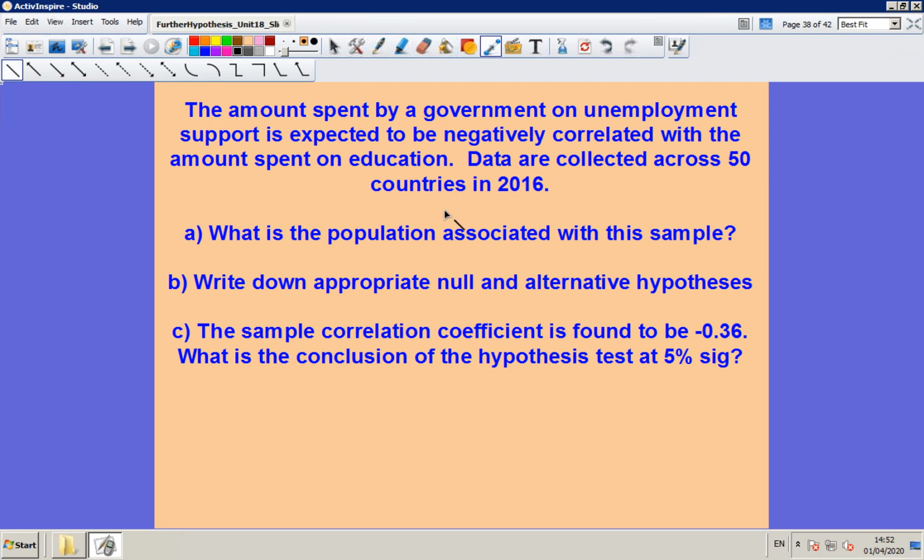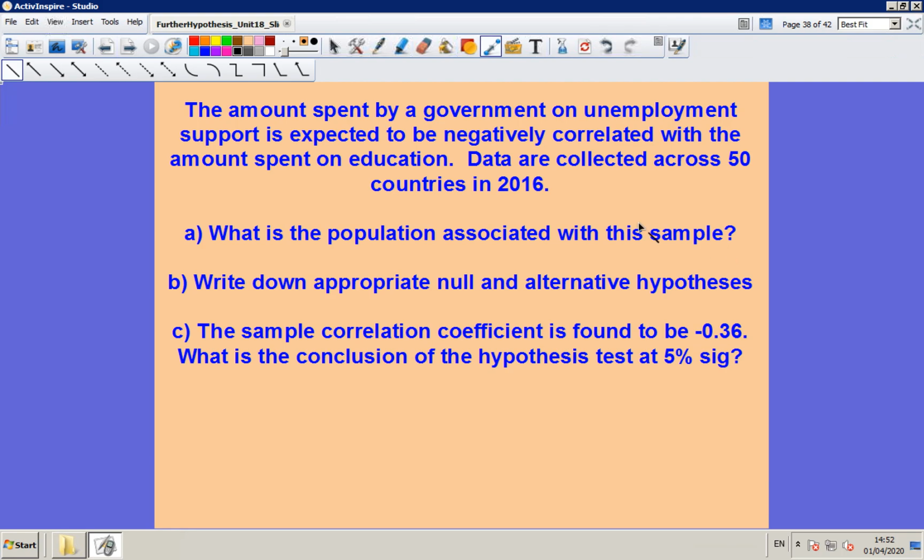So to finish up today, I'm going to look at one example and then set you down to work. So in this example, we're told that the amount spent by a government on unemployment support is expected to be negatively correlated with the amount spent on education. Data are collected across 50 countries in 2016. What is the population associated with this sample?